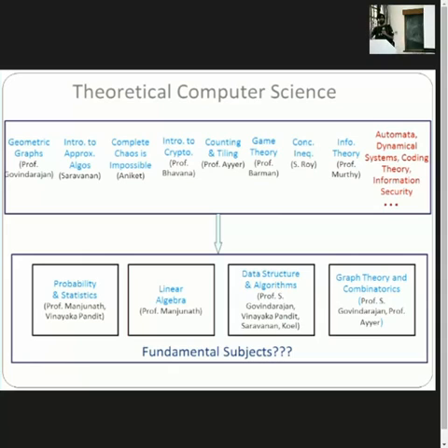A few of you asked me yesterday that you are interested in joining machine learning as researchers. I'm just telling you one thing: by the time you join, maybe 2 to 3 years from now, people will have started exploring the theoretical aspects of machine learning, and those problems will be more interesting than whatever people are doing now.